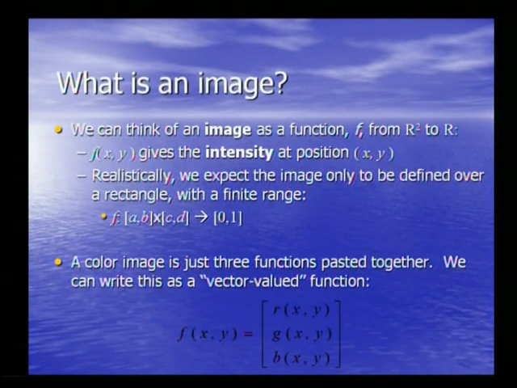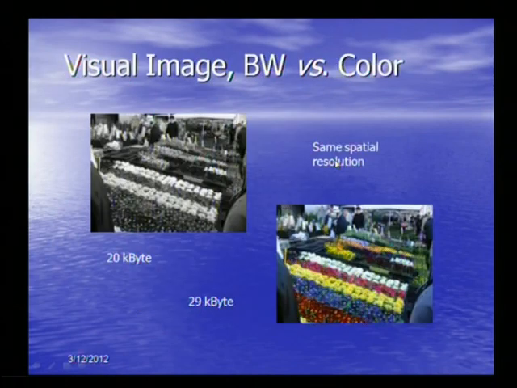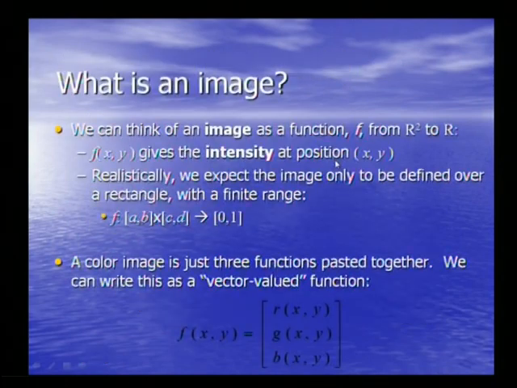What is an image? Starting from the image, we can think of an image as a function. Generally, for our purposes, an image is a photo taken by us. But in MATLAB, it is a function f from R to R, where the function f of x comma y gives the intensity at position x and y.